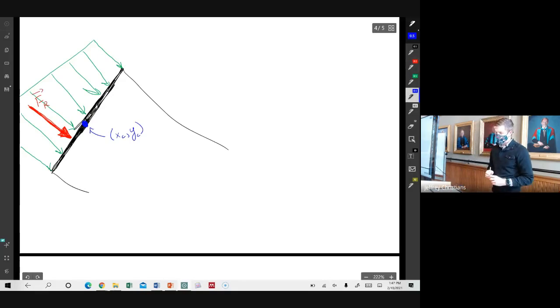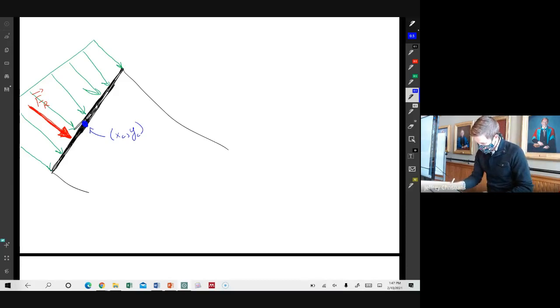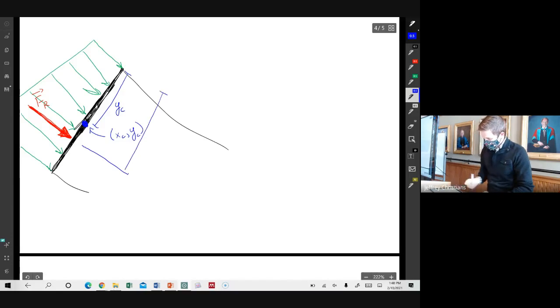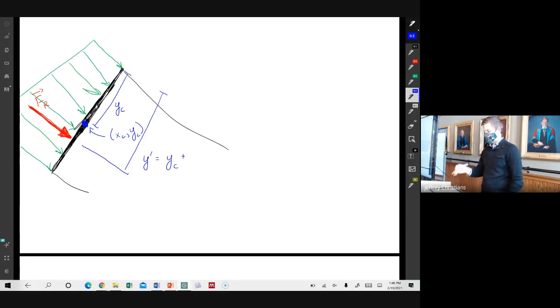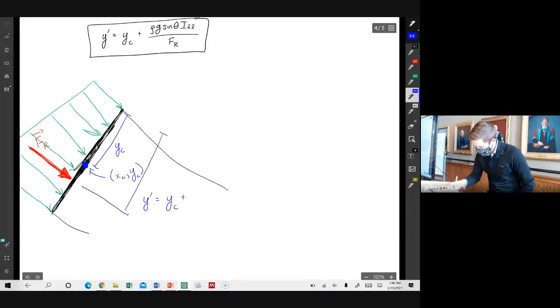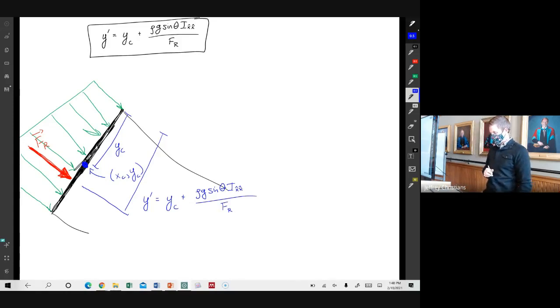If we want to figure out where that is, say that dimension is yc, and where we are down here is y prime. It's going to be yc plus rho g sine theta I x hat over the resultant force.